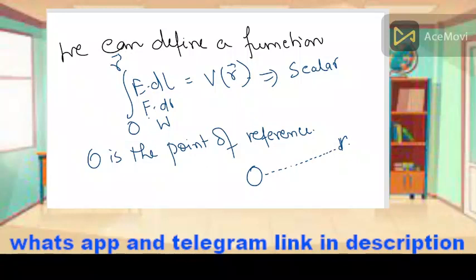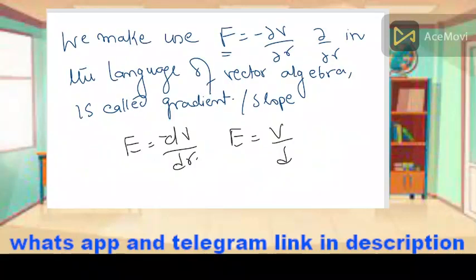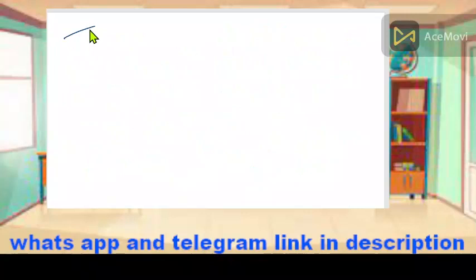We have to define it with respect to a particular reference point O. This function V depends only on the vector R, only on space, and this function is called electric potential.